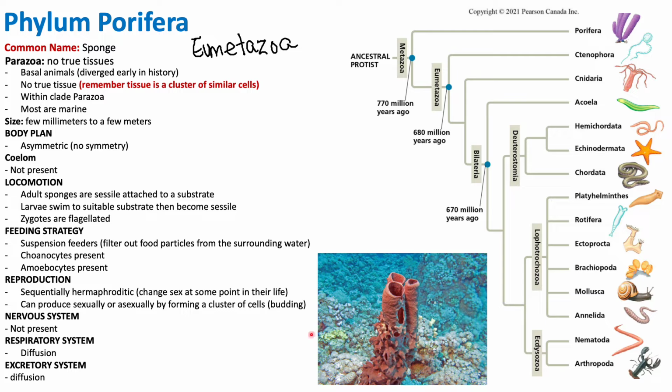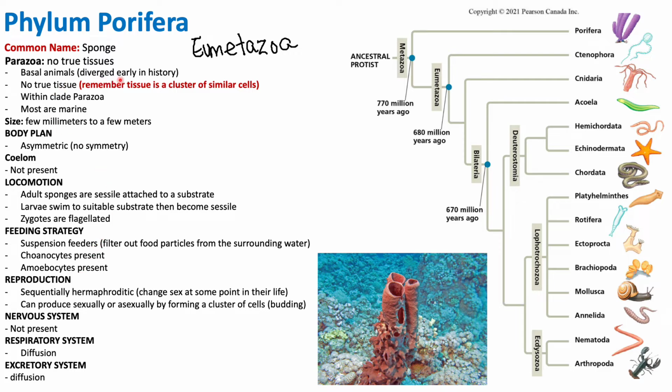And that's budding. Since there is no true tissue, we have to understand that there can't be a nervous system or a respiratory system or an excretory system. Why is that? Well, what do we know about tissues? We know that tissues are a group of cells with a similar function coming together to create some sort of system.